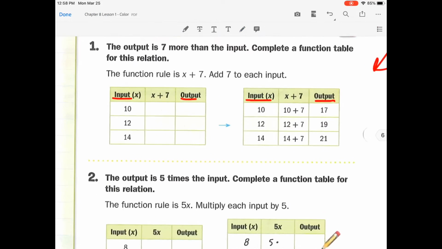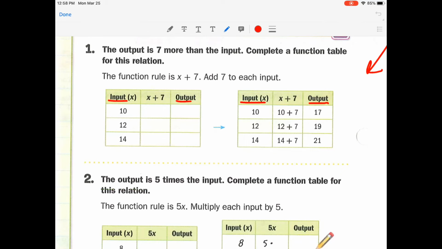So I'm going to make this a little bit bigger, and we're going to take a look at this. Notice that my input has this x next to it. Here's my function rule right here. We're doing x plus 7. So I'm going to take my input, my x, plus my 7 to get my output, which is 17.